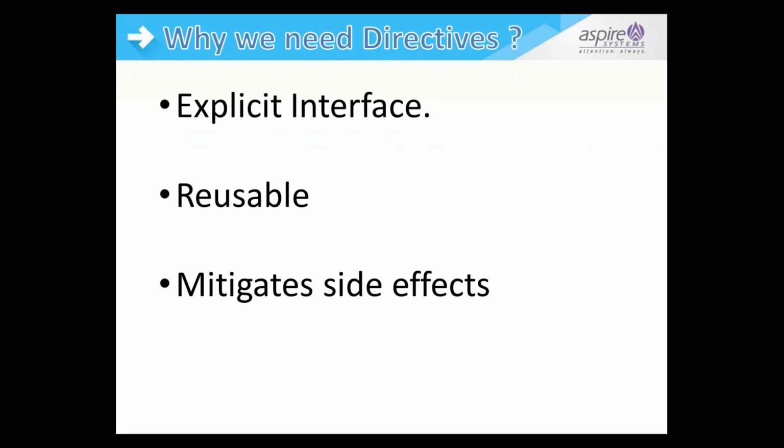If I put ng-repeat, if I give a collection of objects, it will repeat and show me all the objects one by one. And that is not going to affect the elements which are present above it or the elements present below it. It should be independent. Okay. So independent, reusable, explicit interface. These three are the most important advantages of directives.